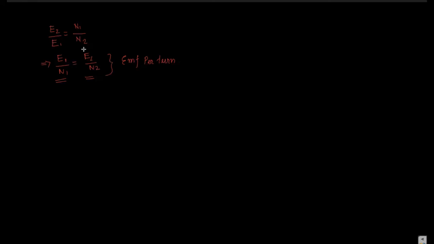From this equation we can find out how much EMF is induced per turn, and the unit is volt per turn. And you can write N1 by E1 is equal to N2 by E2. What is that?